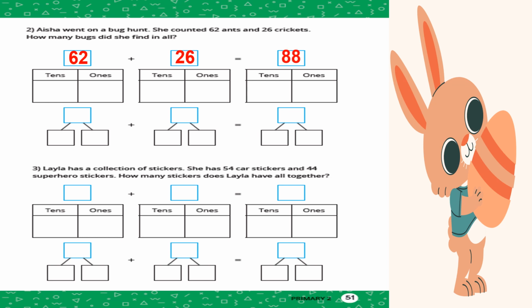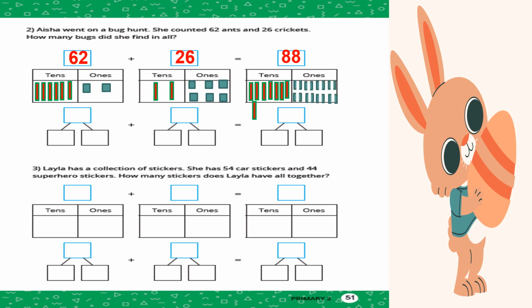Let's draw our sticks and small squares. 62, how many sticks? Yes, 6. How many small squares? 2. 26, how many sticks? 2. How many small squares? 6. 88, how many sticks do we have? 8 sticks. How many small squares?